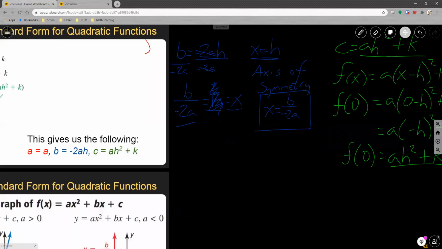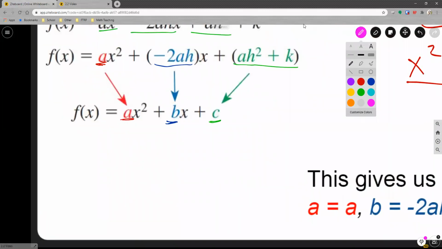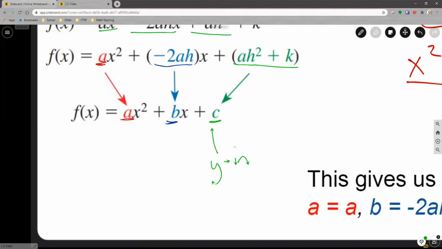So for any quadratic function in standard form, this c value right here represents the y-intercept.